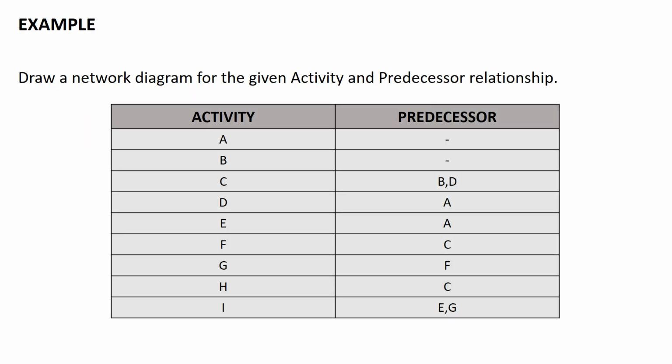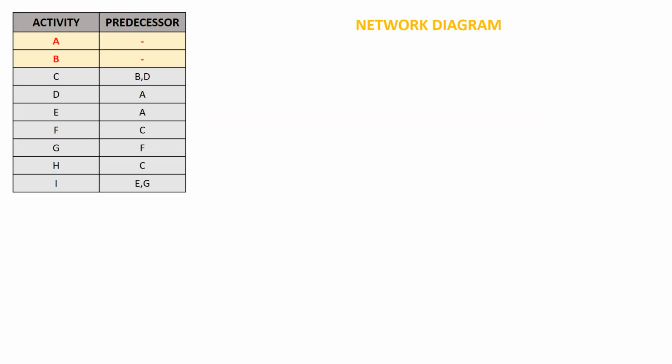Now let's look into one more example on how to draw a network diagram for the given activity predecessor relationship. As usual, according to the rule, for any given network, we have to start with one single initial event. Now from the table, we can see activity A and activity B do not have any predecessor.